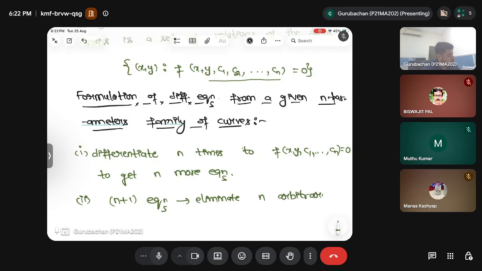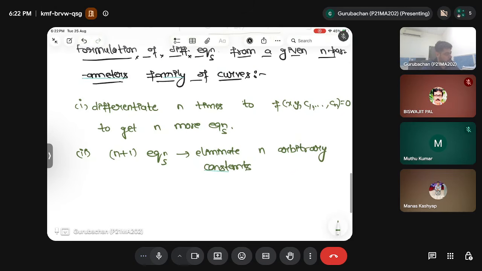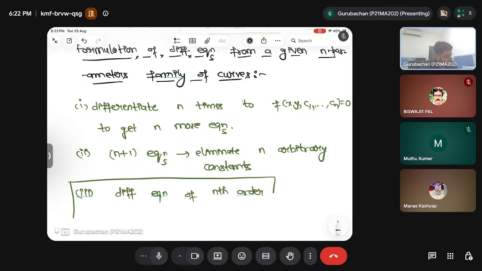Then the resultant will be a differential equation of nth order.